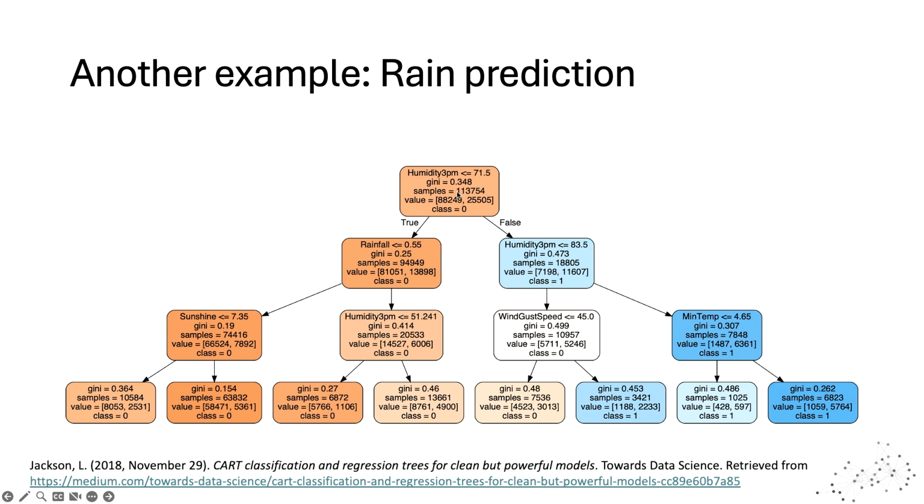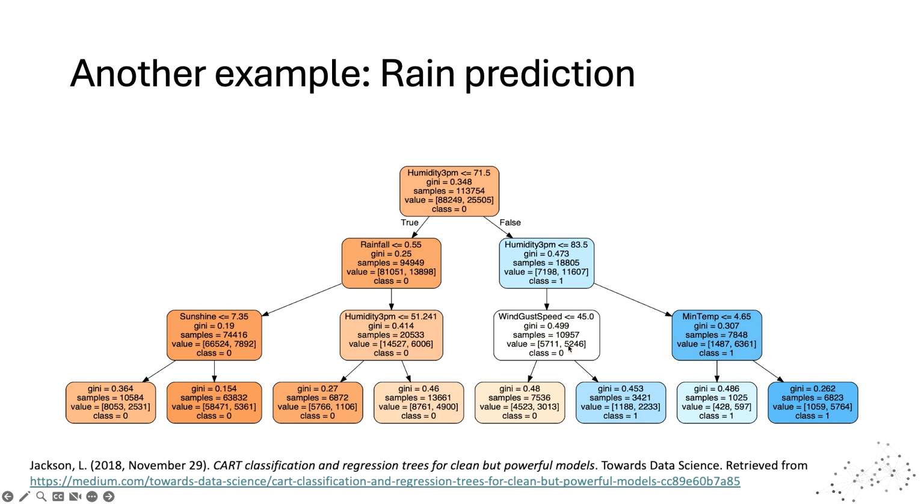If humidity is less than 70, or higher than 74.5, or even higher than 83.5, and the minimum temperature is less than 4.65, then with more confidence tomorrow will be rain.